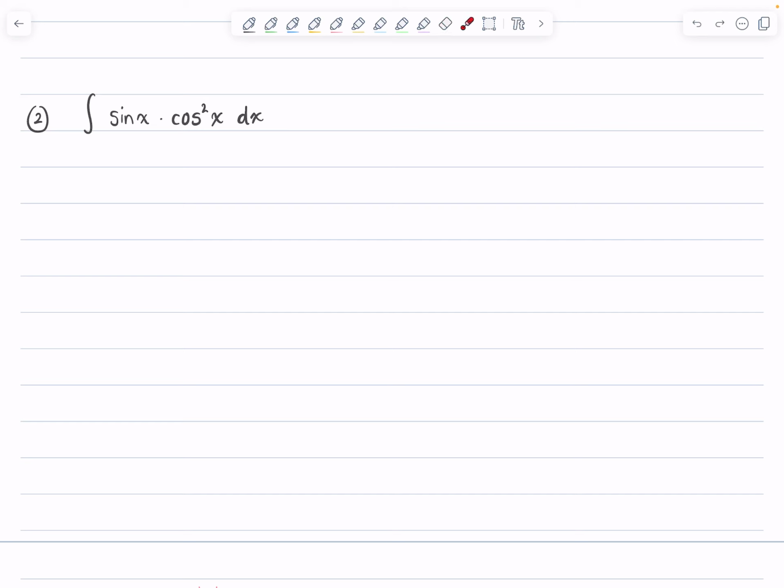That doesn't need to happen because we know that cosine derives into sine, and this is one order power higher, so this is going to work nicely. I do want to remind you that cos squared x just means cos of x, squared. Just keep that in mind. That's going to be important when we say let u equal cos of x. Now again, we find the derivative of u with respect to x, and that in this case is negative sine of x.